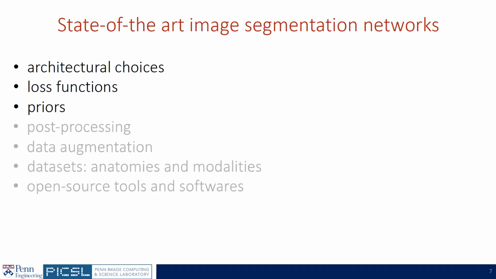And then also think about what a particular loss function is doing for a particular anatomy of interest in your modality, right? And the third ingredient that we have in any deep learning network is some form of prior, right? This could be in the form of implicit priors or explicit priors, where you're giving extra information to the network about a problem that you already know that you want to solve, right?